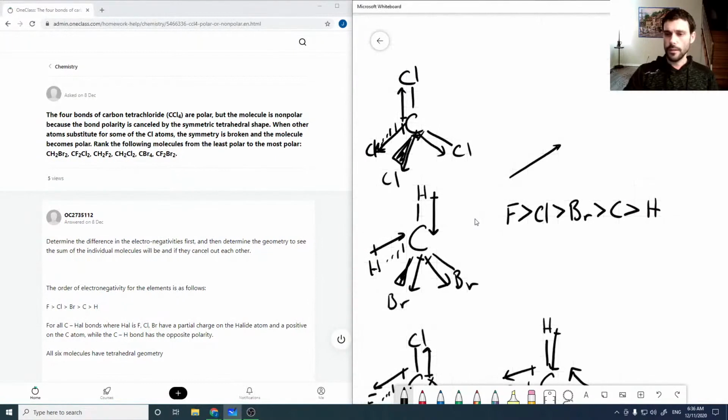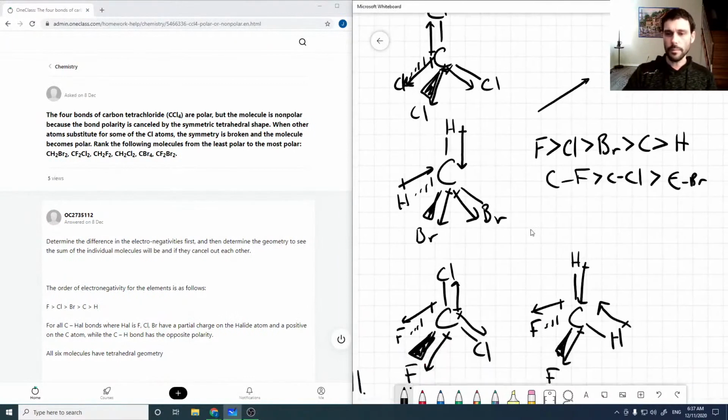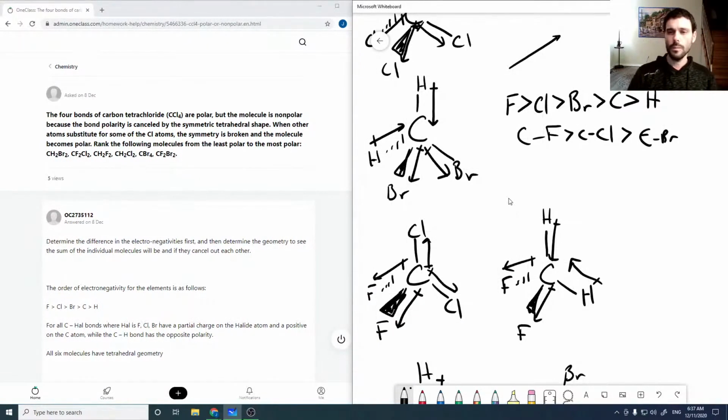Now, if we look at this ordering, a CF bond is going to be more polar than a CCl bond, which is going to be more polar than a C-bromine bond. And the carbon-hydrogen bonds, if we look at, say, this molecule here, are actually going to add up the dipole. Our carbon-bromines are trying to draw the electron density towards the bromines, and the hydrogens are just going to help that.